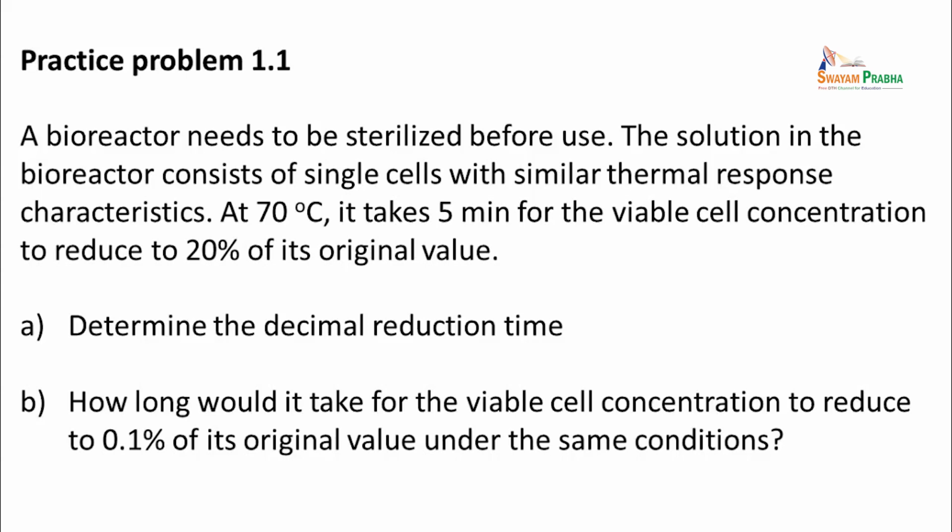A, determine the decimal reduction time, and B, how long would it take for the viable cell concentration to reduce to 0.1% of its original value under the same conditions. This was the problem that was assigned when we pretty much finished up the previous lecture, lecture number 2. I hope you had a chance to work this out.